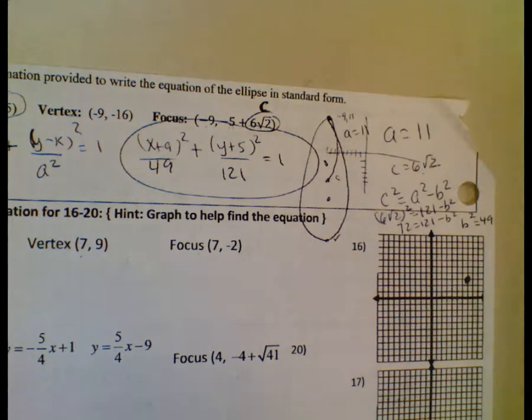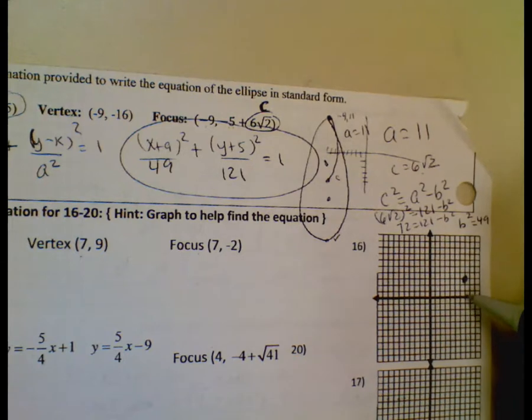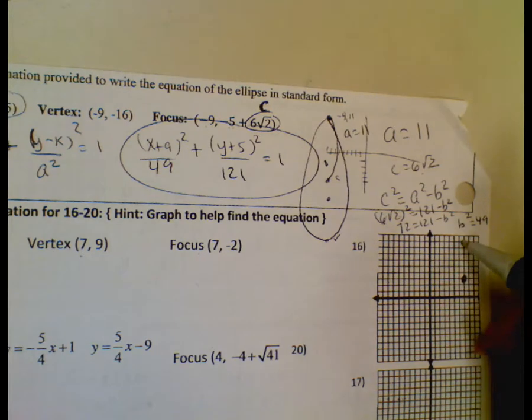That's my center. My vertex is 7,9. Now you can tell if it's a hyperbola or an ellipse. If the focus is on the inside, it's an ellipse. If the focus is on the outside of that vertex, away from the center, it's a hyperbola.